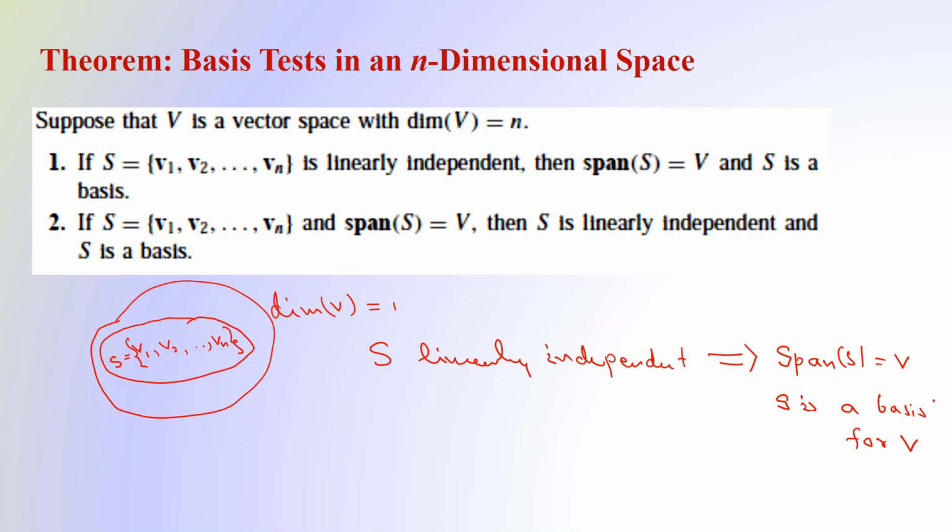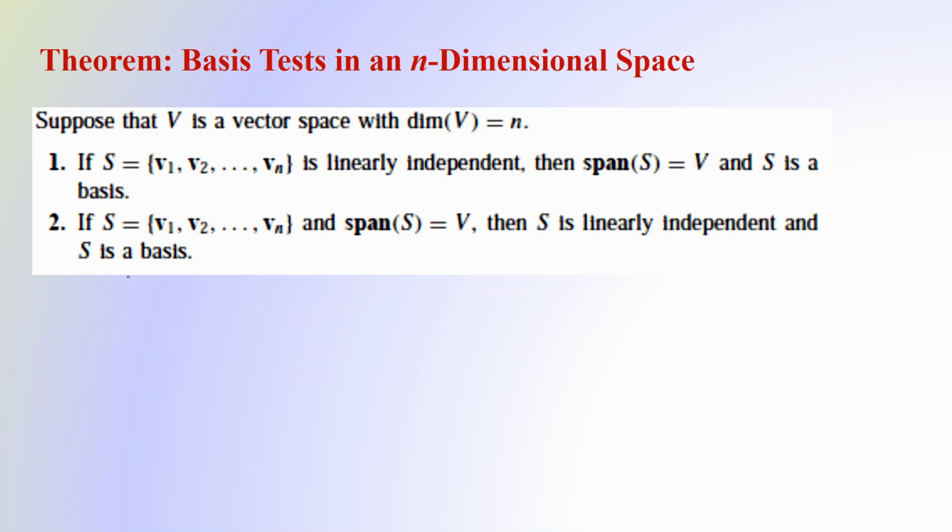And the second part says that if span S is equal to V, then S is linearly independent and it is a basis.